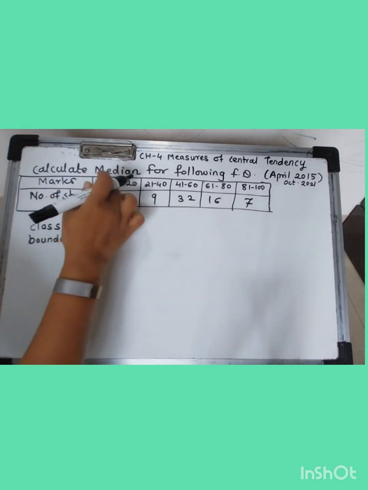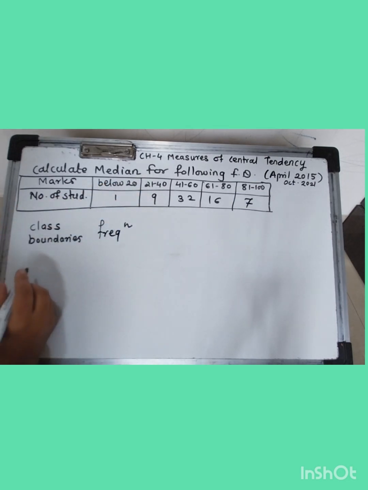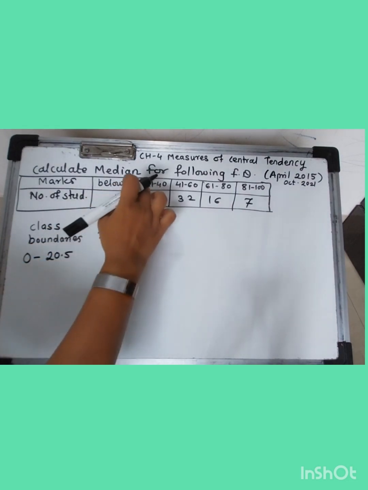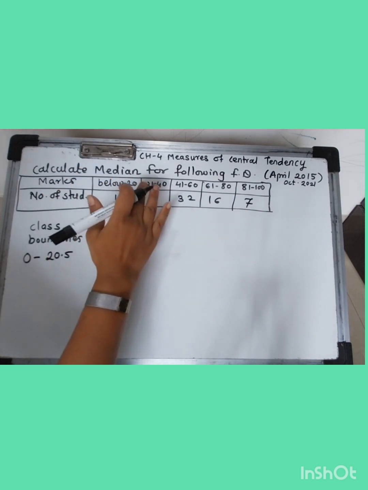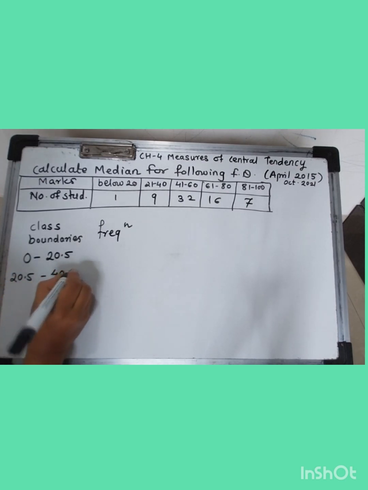See here, below 20 means 0 to 20. So I write here 0, and 20 plus 0.5 is 20.5. Similarly, 21 minus 0.5 is 20.5, so it is 20.5 to 40.5.